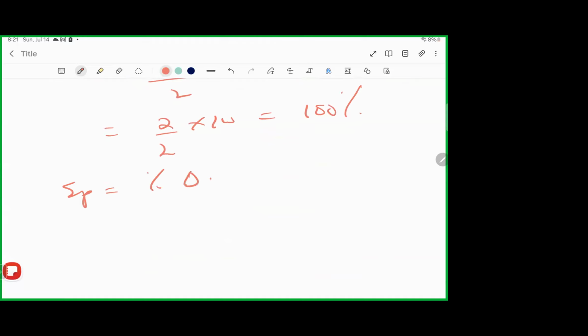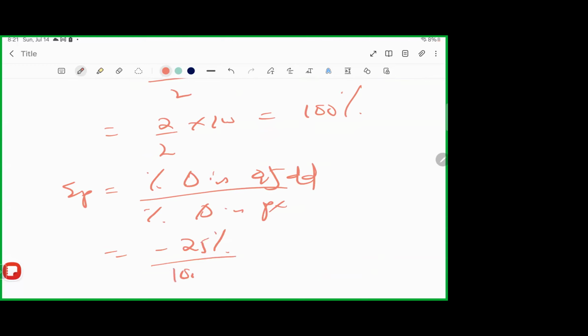Remember we said this is the percentage change in quantity demanded, all over the percentage change in price. So here it would be minus 25% all over 100%. So here is 25 divided by 100, which is basically 1 over 4. So what will you get?